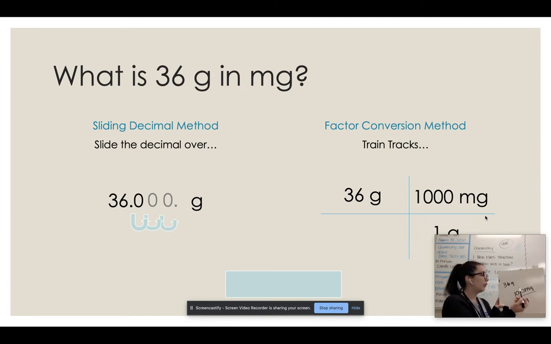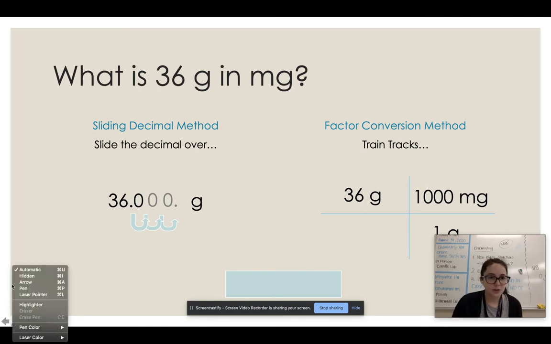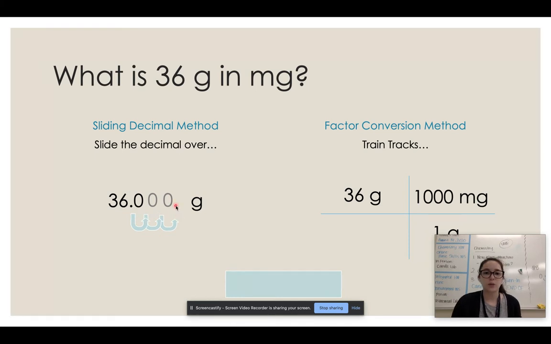There are 3 zeros in 1,000, so all I'd have to do is pretend there's a decimal place there, there's always a decimal place there, and move it over. So I would slide over my decimal, and then I would plop it there to get 36,000.